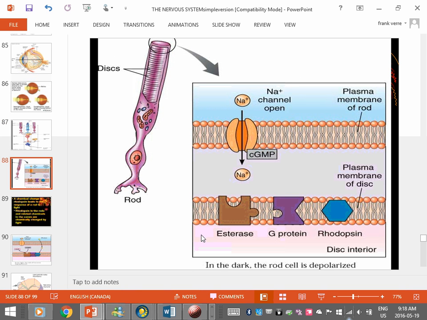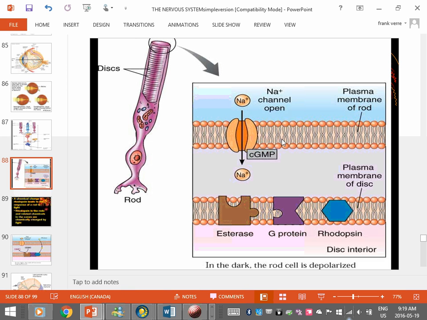This is the situation where this rod cell is in the dark. In the dark, you'll notice the sodium channels are open. Now, when we think about sodium channels opening, we think about sodium coming in.